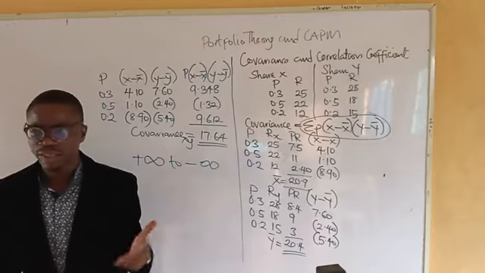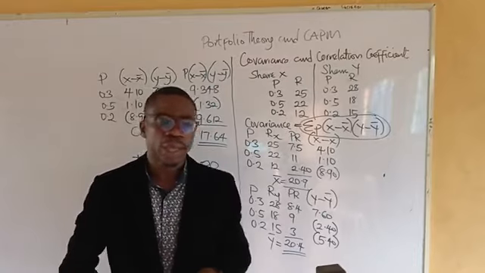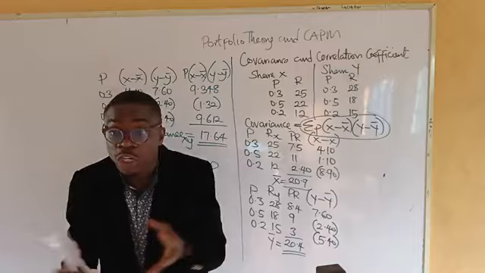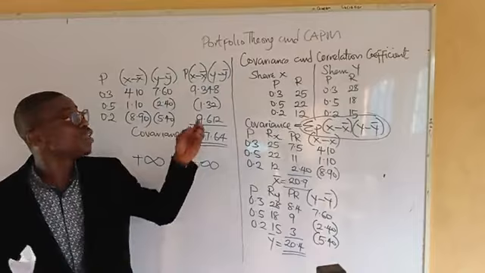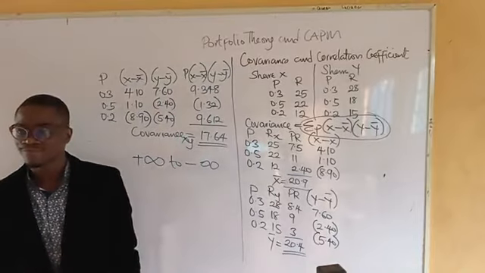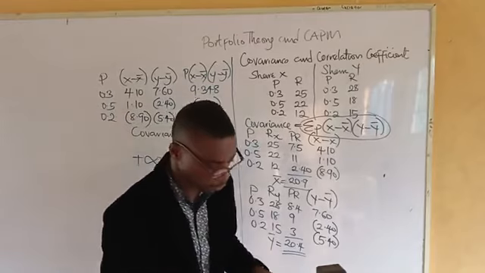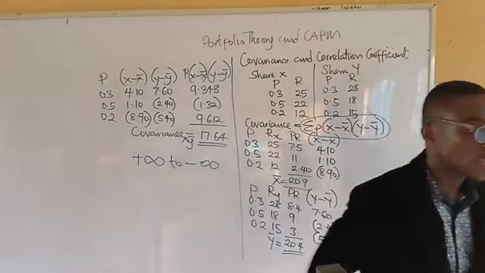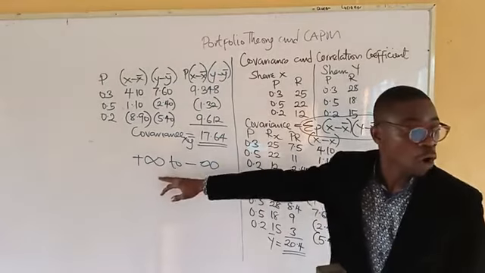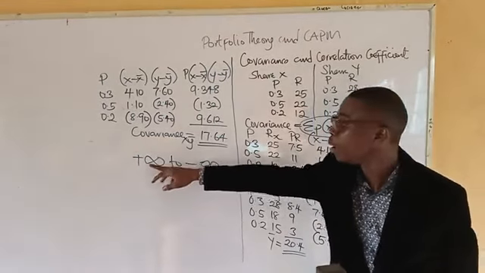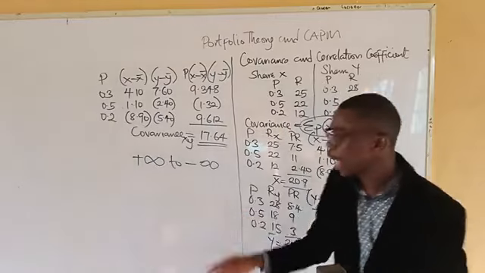So it is very difficult to ascertain the relationship when you are using covariance, because the value varies from plus infinity, which means trillions, to minus infinity. But with the correlation coefficient, it's very easy to know the relationship between two variables.